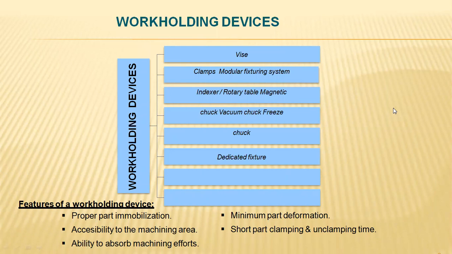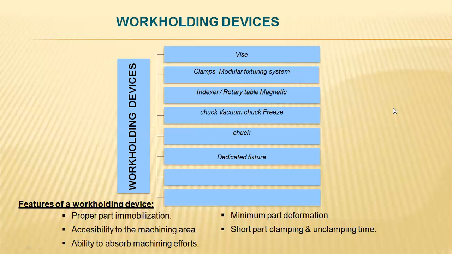Minimum part deformations will occur instead of maximum during the machining process, due to the vibrations caused by the frictional variations of the tool over the work part.